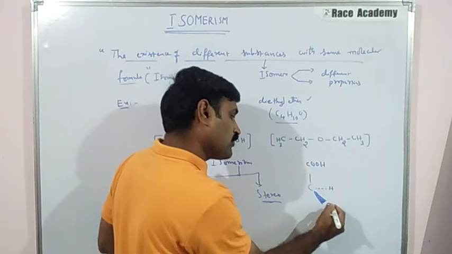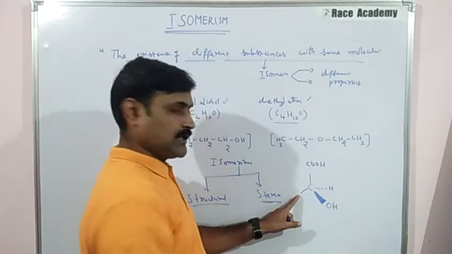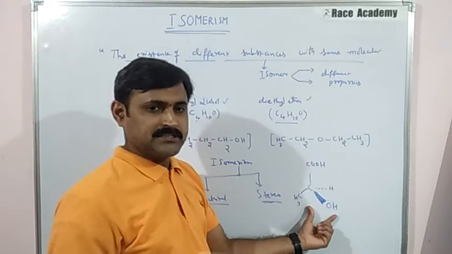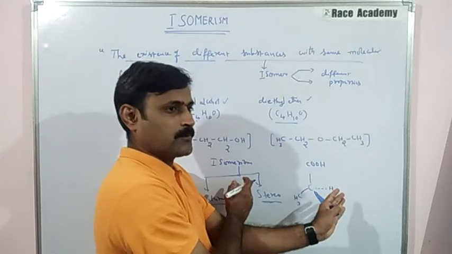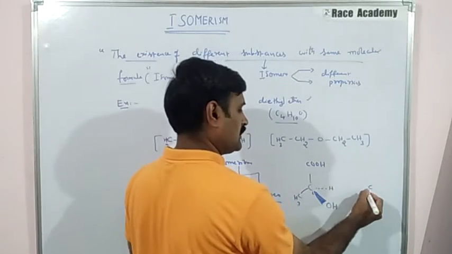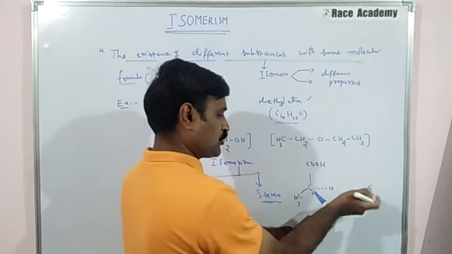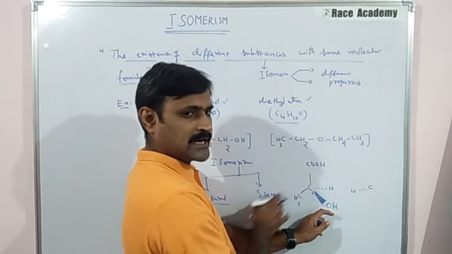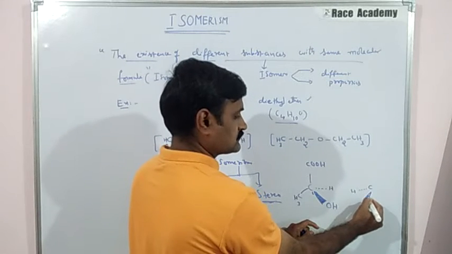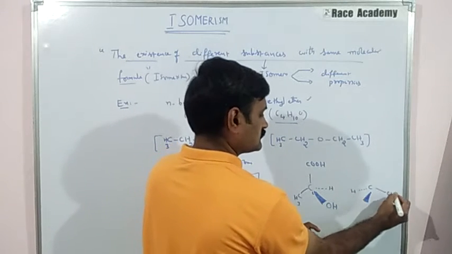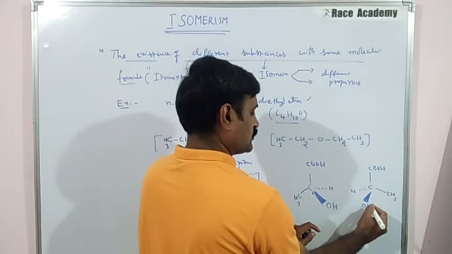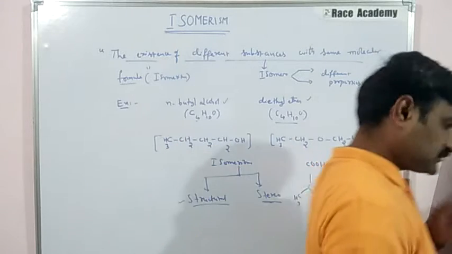Here I am writing one functional group, and here one alkyl methyl group. Then I am writing the same thing, just shifting these bonds over the second carbon: the hydrogen on this side and the OH also on this side. This is OH. Now we observe these two.